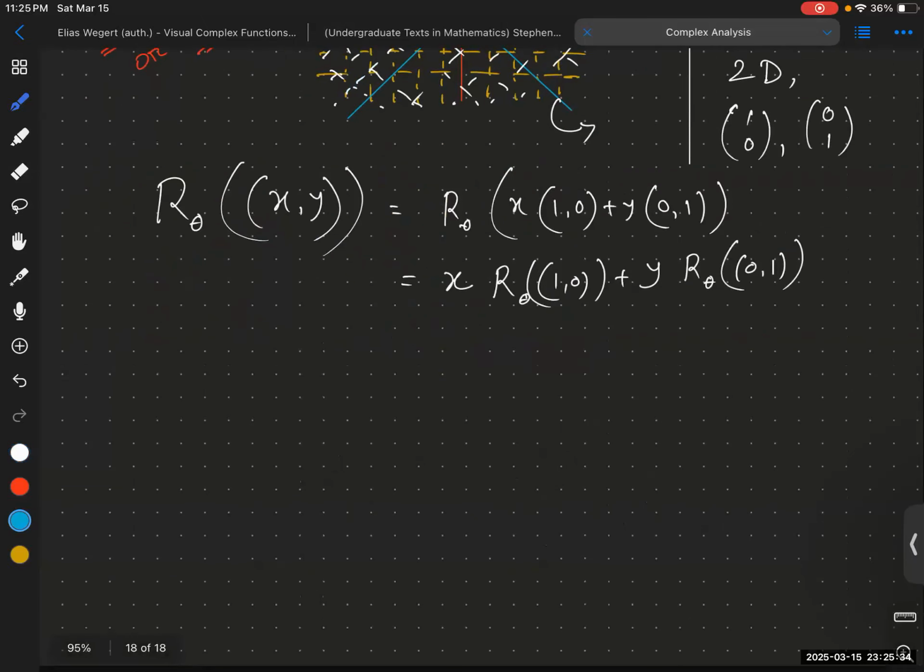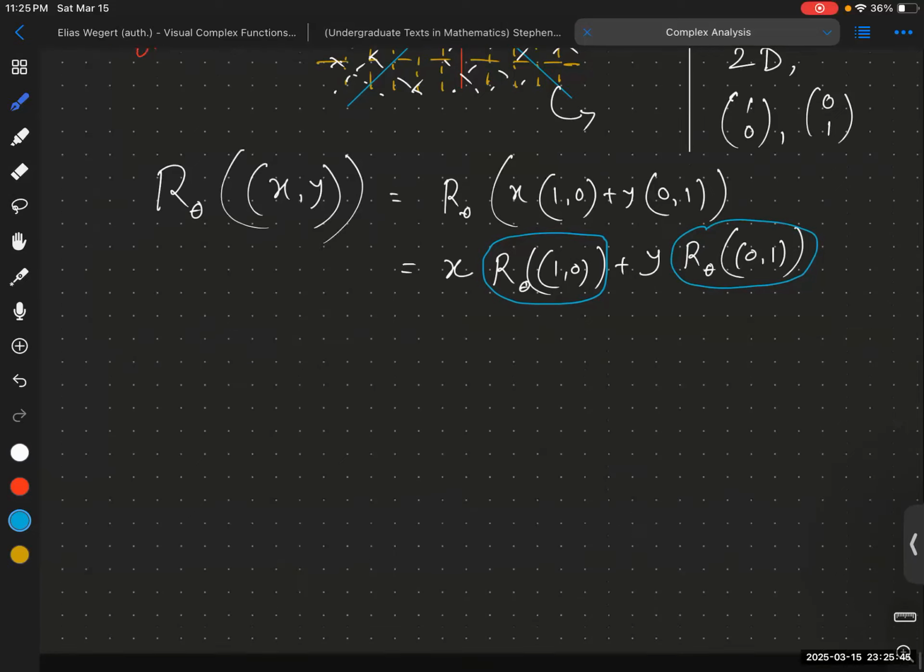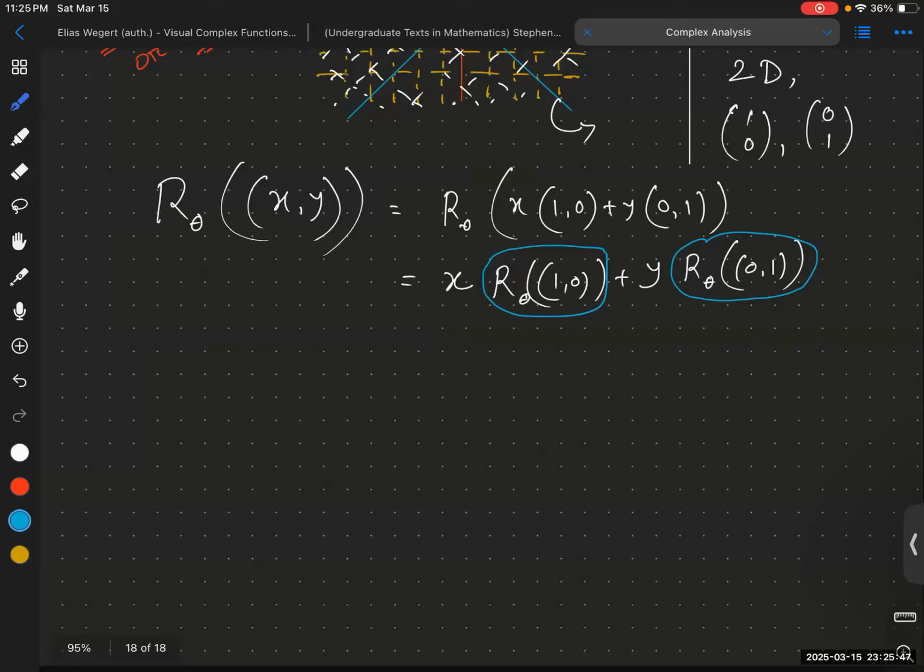Now we have to find out what R theta is doing with the (1, 0) vector, and what R theta, the linear map, is doing with the (0, 1) vector. So let's consider this in the coordinate system. Let's say our 2D coordinate system is something like this.